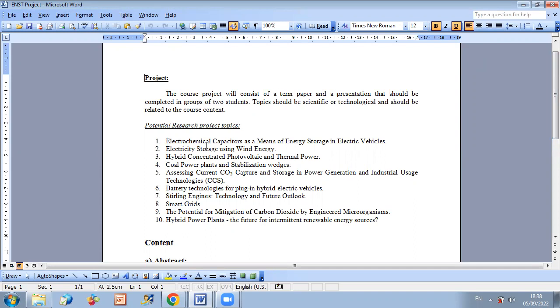In addition, another possible topic is hybrid concentrated photovoltaic and thermal power. We have a lot of systems that rely on solar energy. One of them is the hybrid concentrated photovoltaic system. So if you read in literature about photovoltaic cells, you will see that at the beginning, the efficiency of such cells was very low.